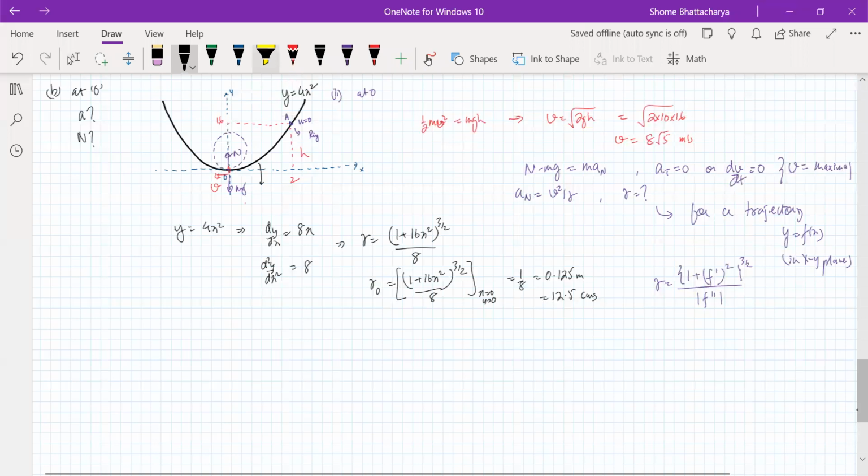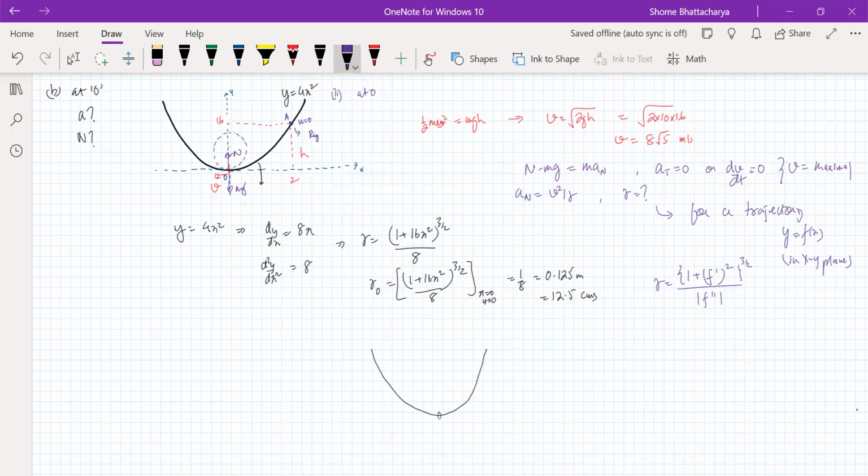So now you can understand that as that particle is passing through that lowest point, it will have a normal acceleration and a tangential acceleration of 0. So the V we have found out from work energy.